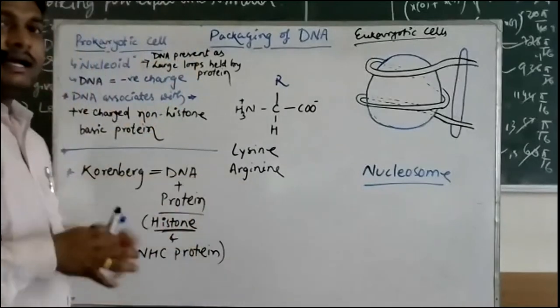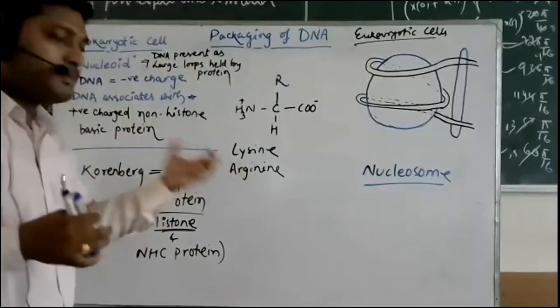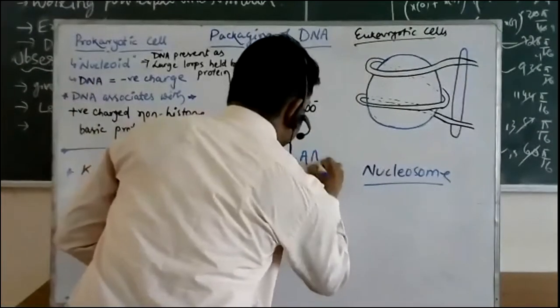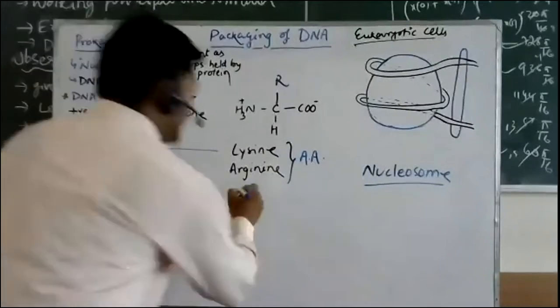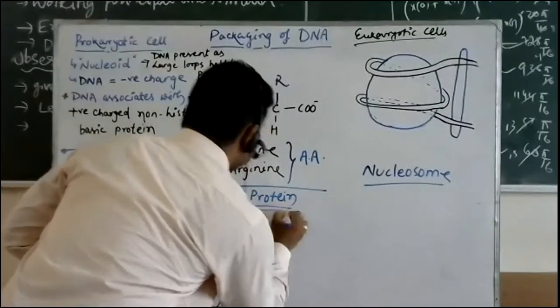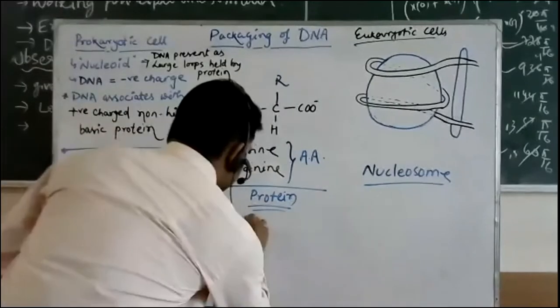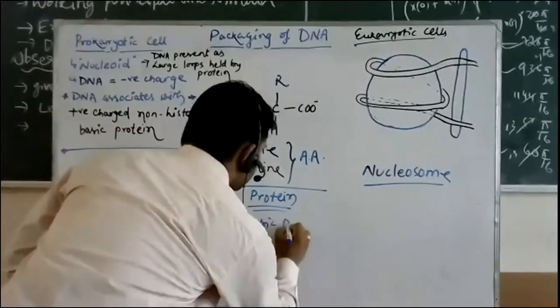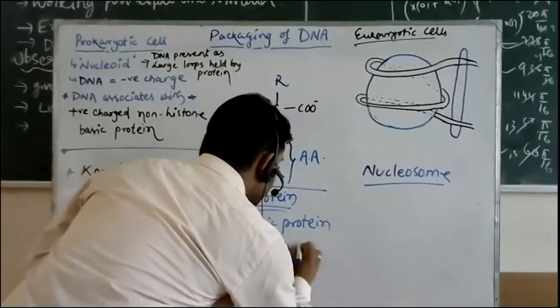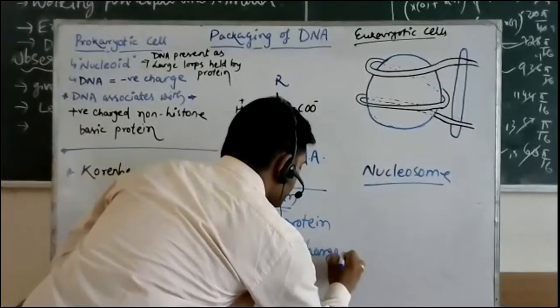So as I said, if the protein is rich in these two amino acids, these two are what? Amino acids. So if a protein is rich in these two amino acids, this basic protein is going to be positively charged, right?